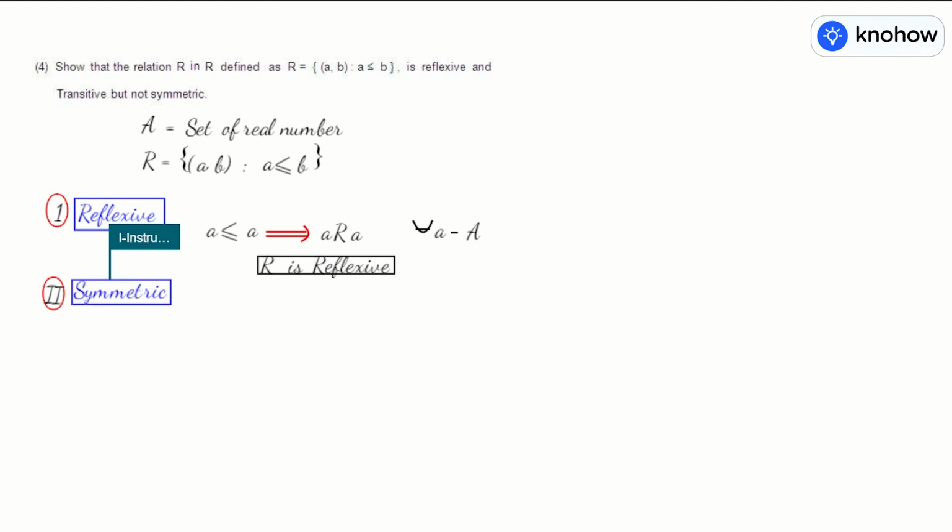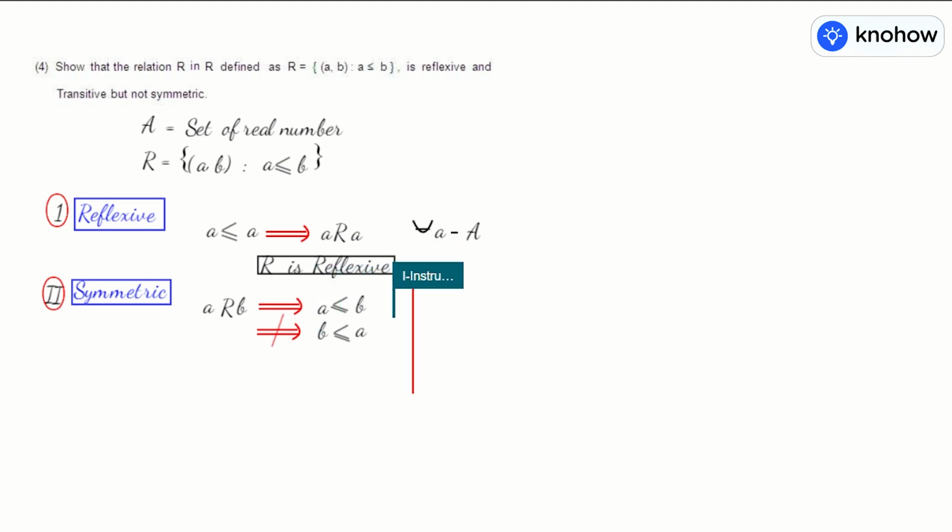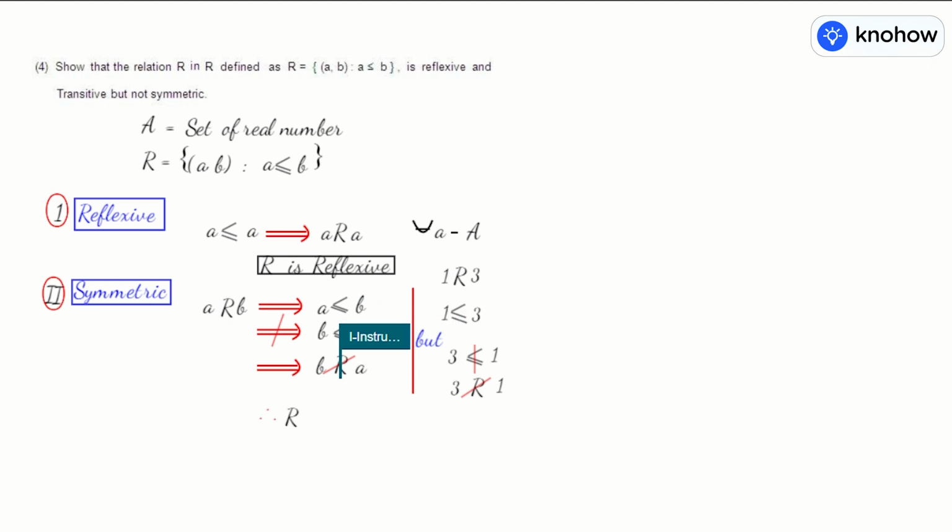If A is related to B, that means A is less than or equal to B. But that does not imply that B is less than or equal to A. For example, 1 is less than or equal to 3, so 1 is related to 3. But is 3 less than or equal to 1? No, neither less nor equal. So 3 is not related to 1. So this implies B is not related to A, and hence the given relation R is not symmetric.